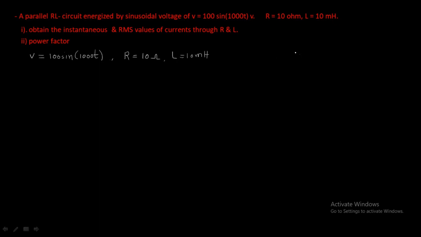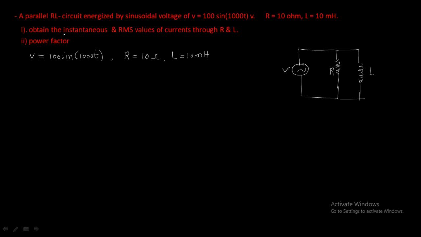So this is the voltage, the AC supply, and one resistor, and another inductor. This is R and this is L. These three are parallel branches.